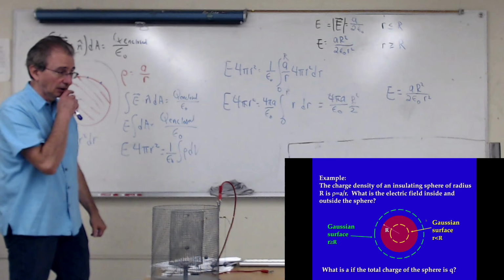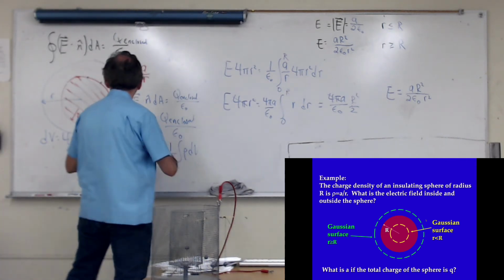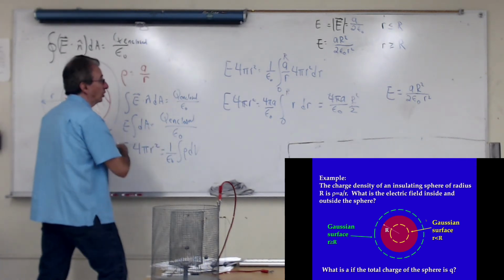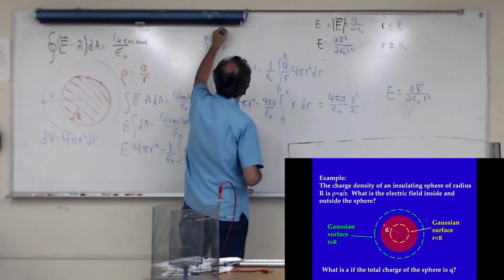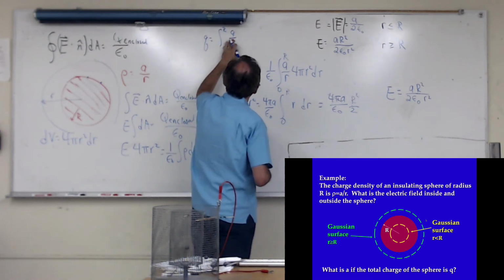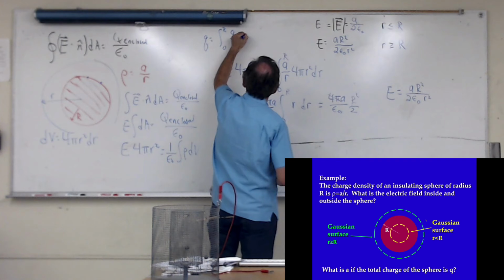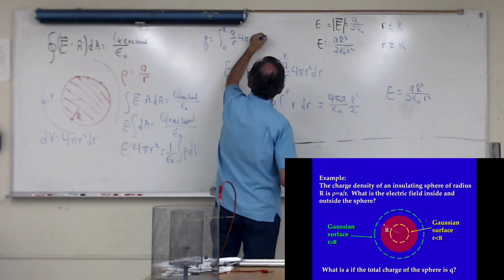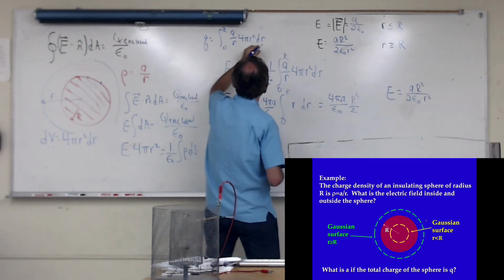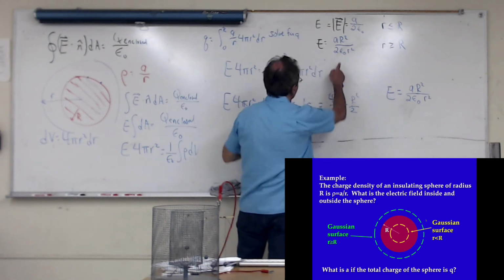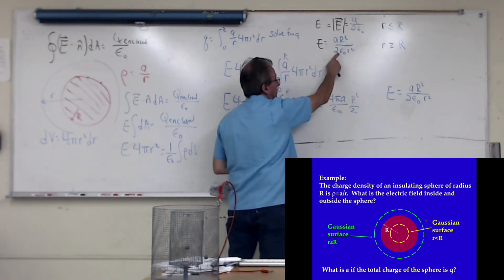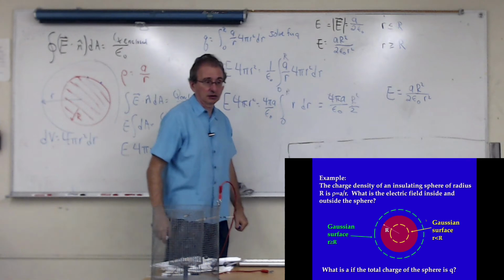Okay? And by the way, if you knew that the total charge was Q, you can solve for A. And when you substitute this in, you'll just get KQ over R squared.